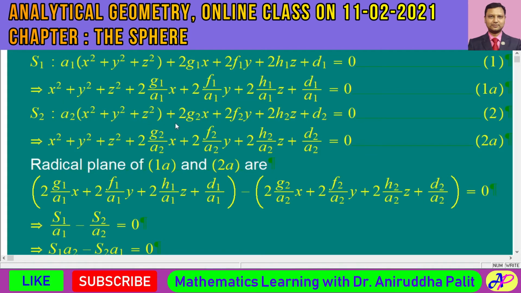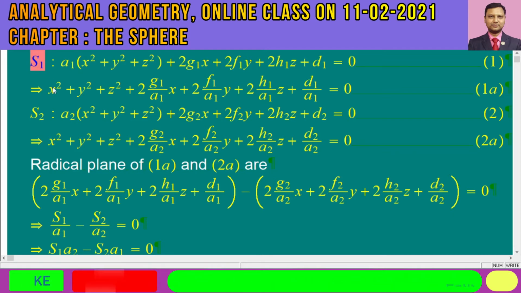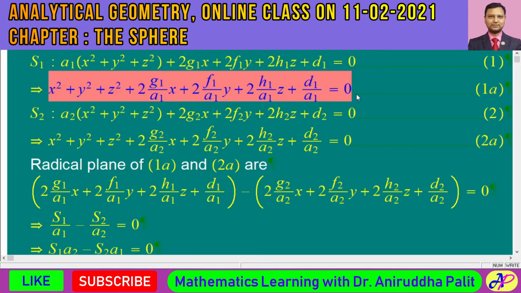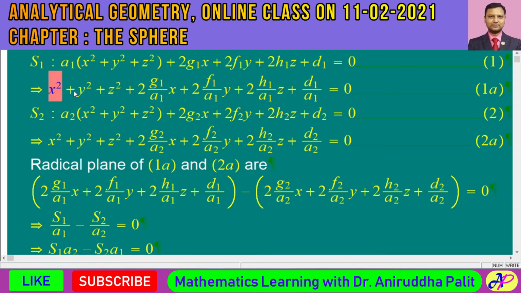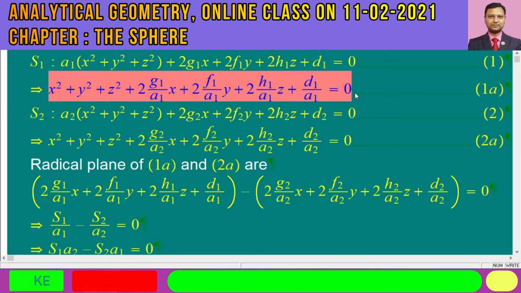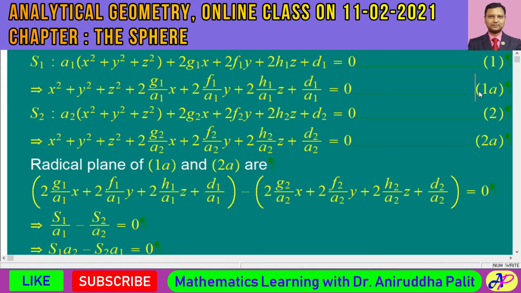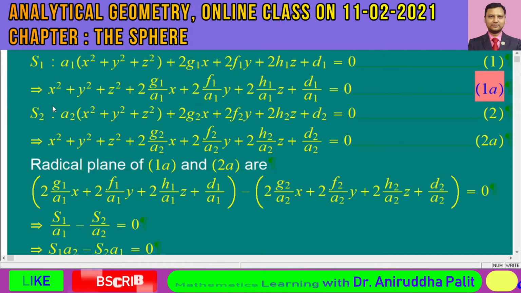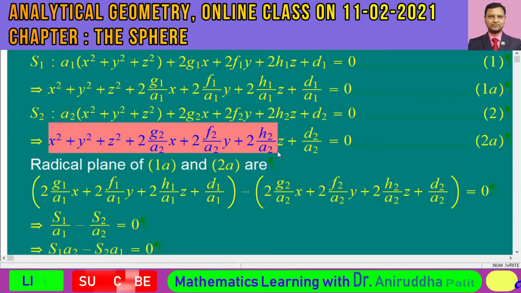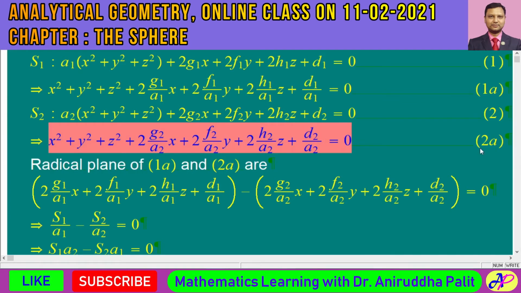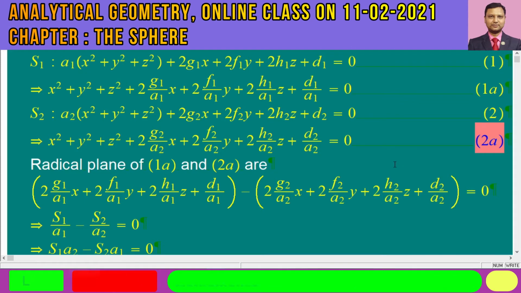All right. In that case, S1 can be written in this fashion by dividing the entire expression of S1 by the coefficient a1. We can write the equation of S1 and denote it as equation number 1A. Similarly, the equation of S2 can be written in this way, and let us denote it by equation number 2A.